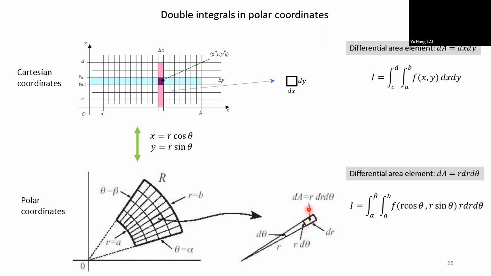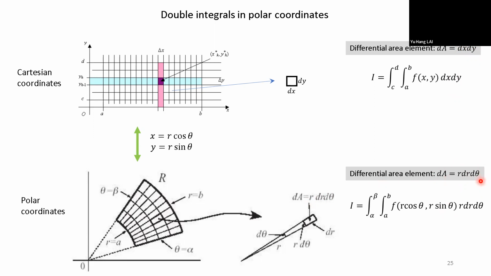So that's why my differential area element, dA, is given by r times dr d theta. Notice that it is no longer the product of the differentials of the first variable and the second variable. It's not just dr d theta, it's r times dr d theta.